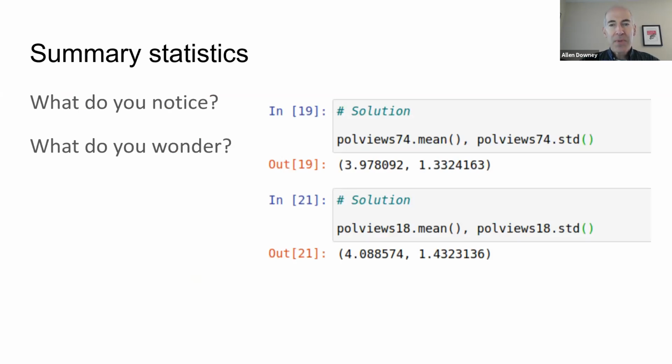In the notebook, I compute the mean and standard deviation of the political views series from 1974 and 2018. Now remember that the scale goes from 1 liberal to 7 conservative, so higher values mean more people gave conservative responses. And in this case, the mean increased from about 3.9 to about 4.0, although it's actually a smaller gap than that sounds like.